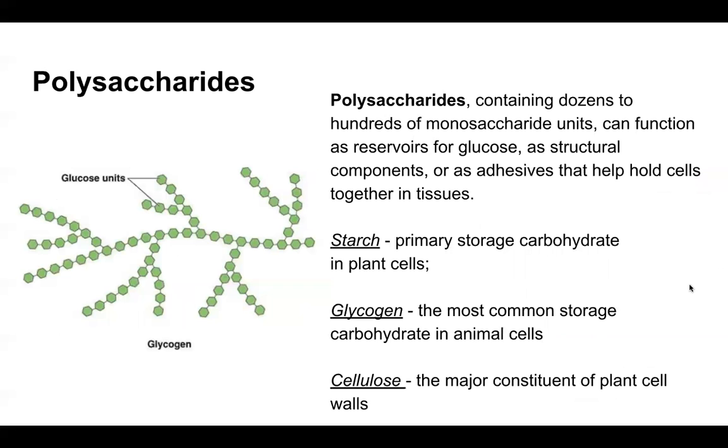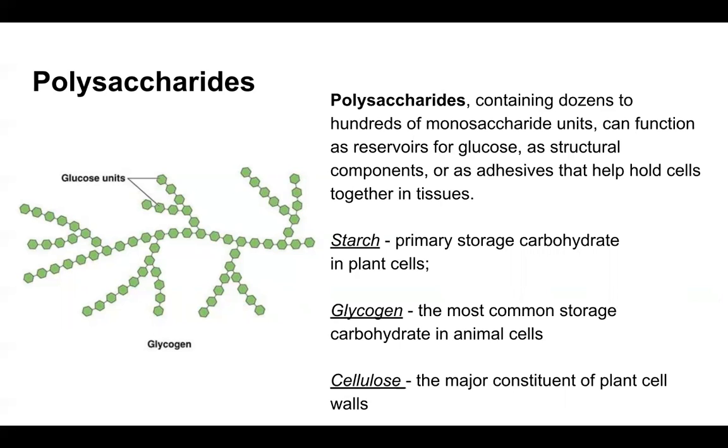The next class is polysaccharides. Polysaccharides containing dozens to hundreds of monosaccharide units can function as reservoir for glucose, as structure components, or adhesives that help hold cells together in tissue. One of the main examples of polysaccharides is starch. It's a primary storage carbohydrate in plant cells.